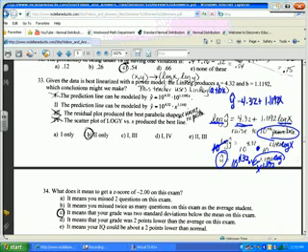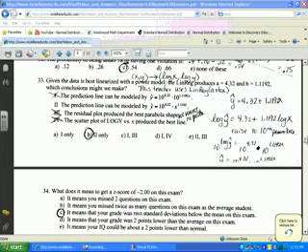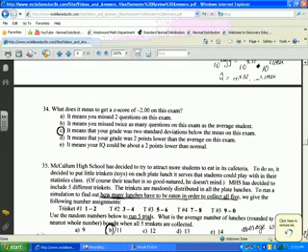Logs cancel and this x comes down. That is why it computes out to be that. So you need to rewrite that and think about that if you have issues with solving logs and missed that skill from Algebra 2, okay? Because there will definitely be one there for that.